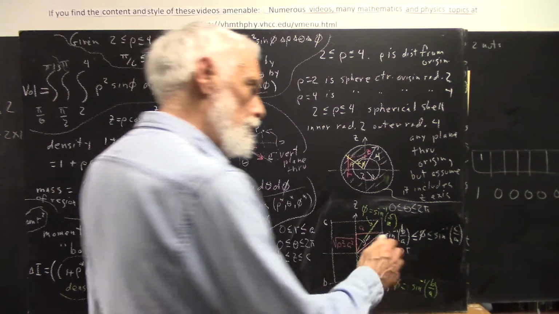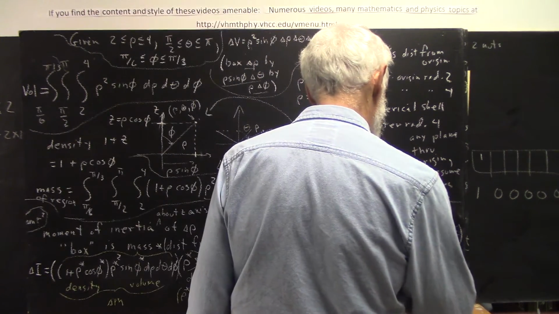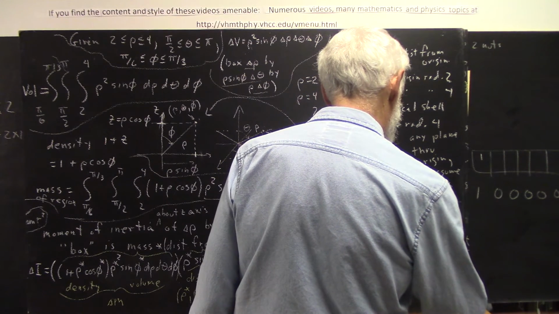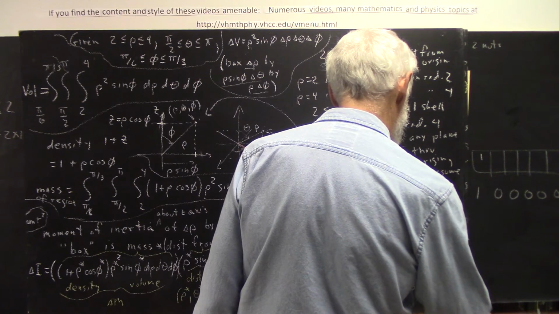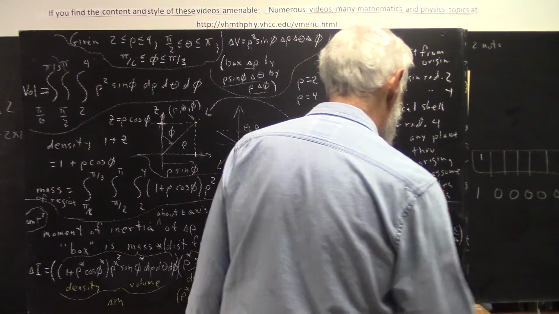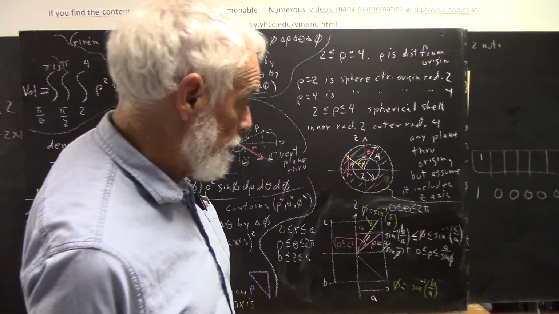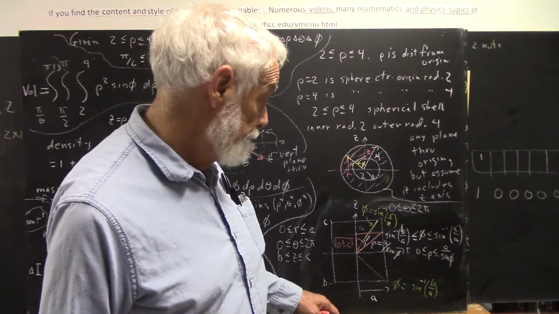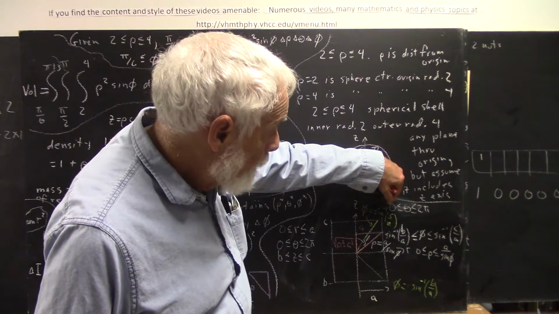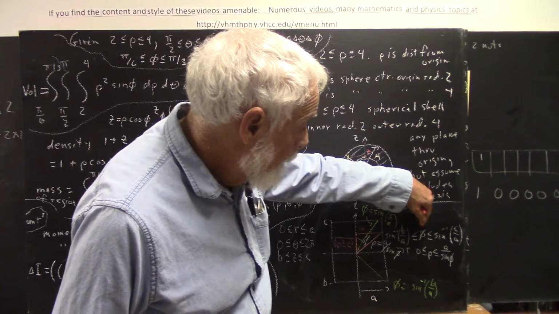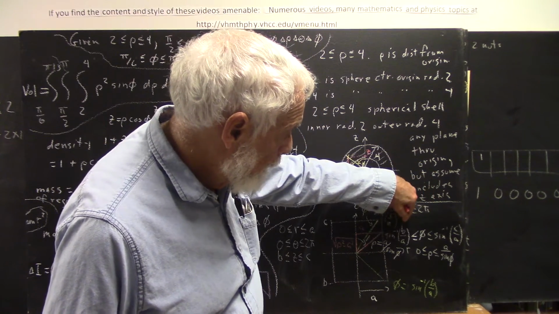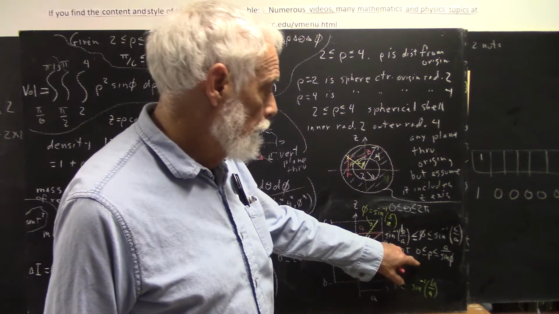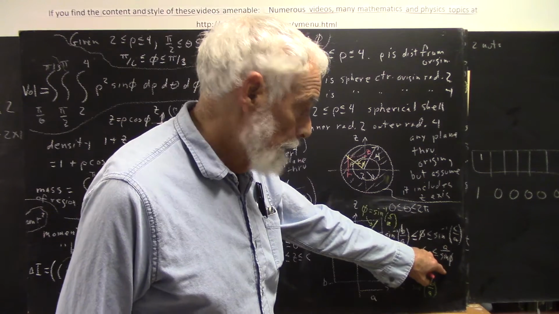Okay, so our inequality would be 0 less than or equal to rho less than or equal to a divided by sine phi. So one part of our integral will be theta from 0 to 2 pi, phi from the inverse sine of b over a to the inverse sine of c over a, and rho from 0 to a divided by the sine of phi.